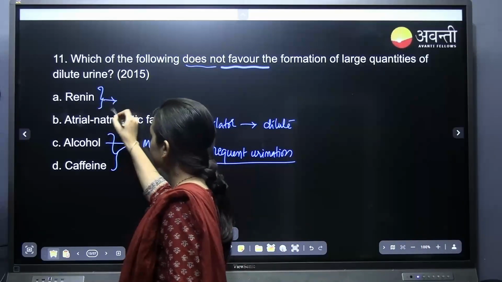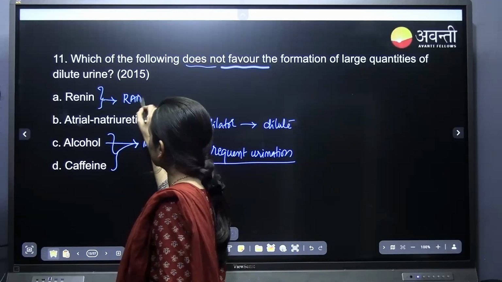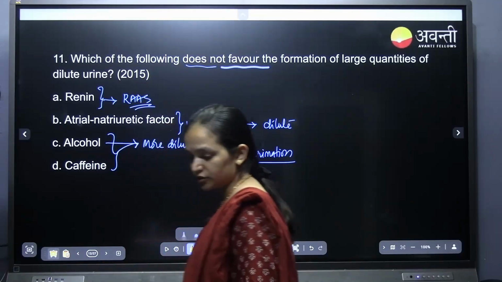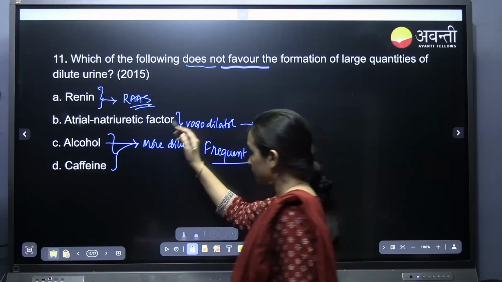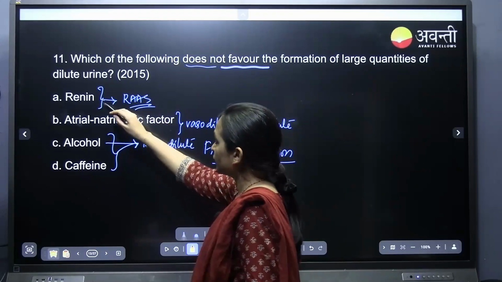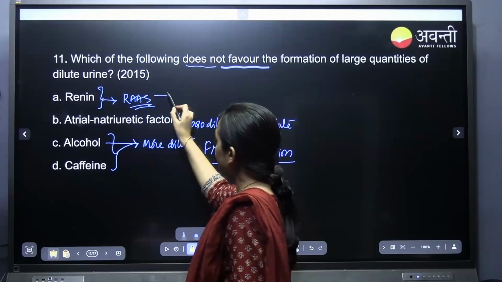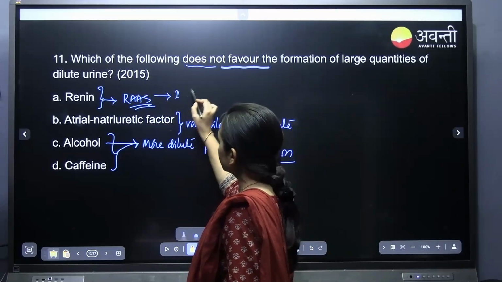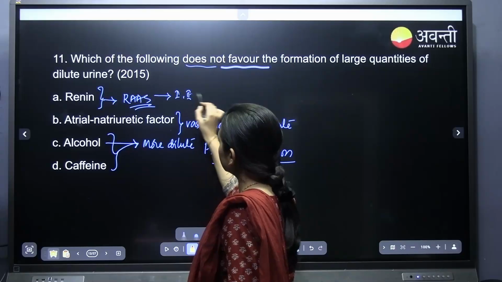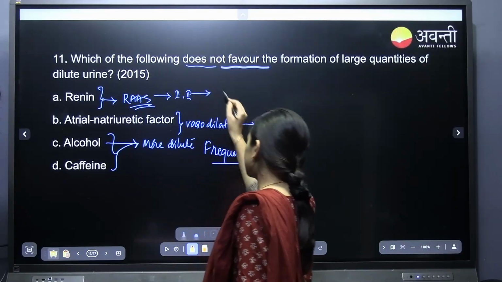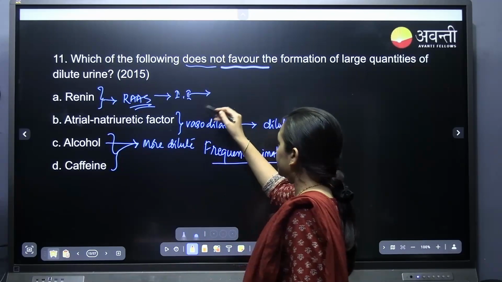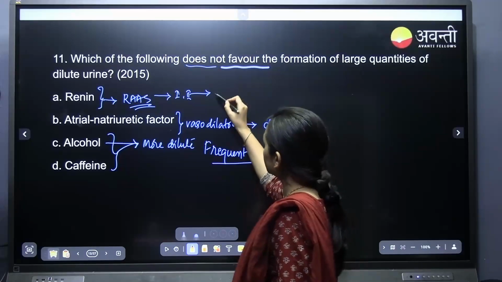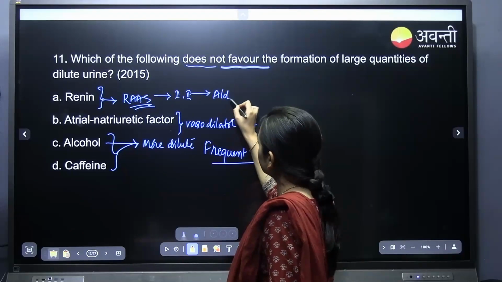Renin, what does it do? It is in the RAS mechanism, right? For regulation of the quantity of urine, isn't it? Renin actually converts angiotensinogen to angiotensin 1, then angiotensin 2. This angiotensin 2 will stimulate the adrenal cortex to produce aldosterone.